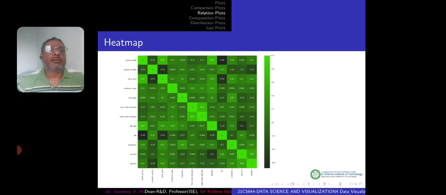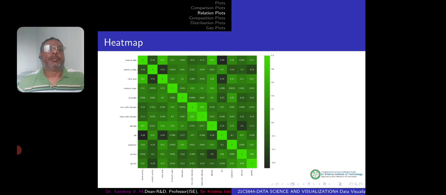So it's difficult to understand what this whole map is talking about if you consider only numbers. But instead of numbers, if you fill the cells with appropriate colors from the color palette, then we can make out things very easily.